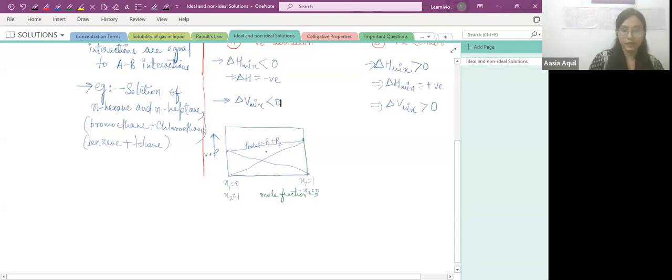This is for negative deviation. In the case of negative deviation, the graph goes just beyond this line. Don't mind my drawing, just understand the concept here.